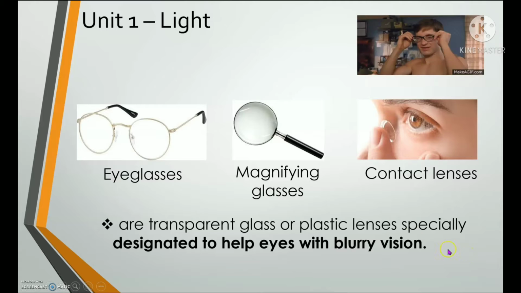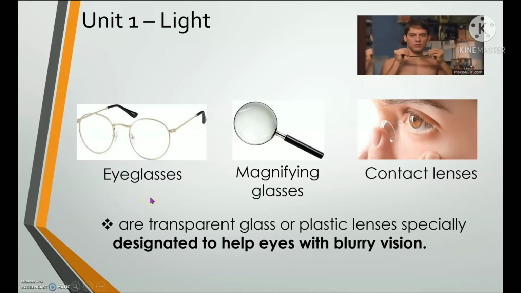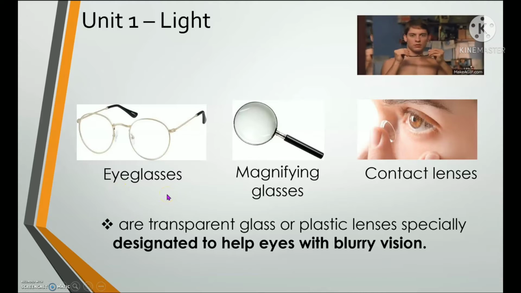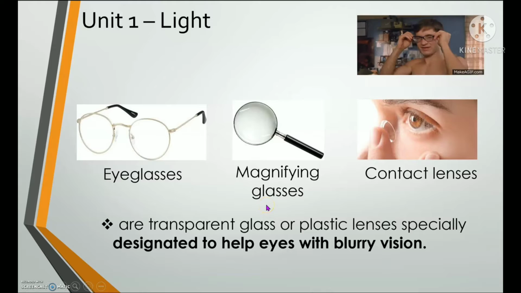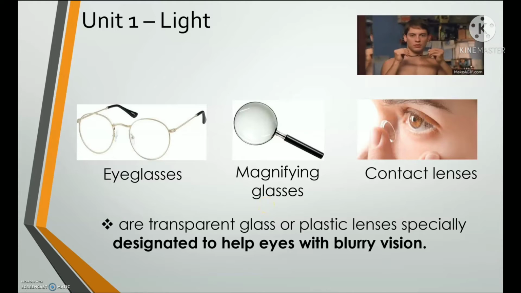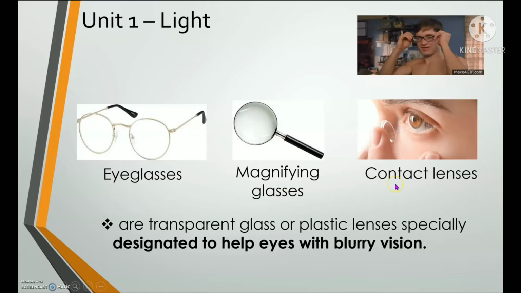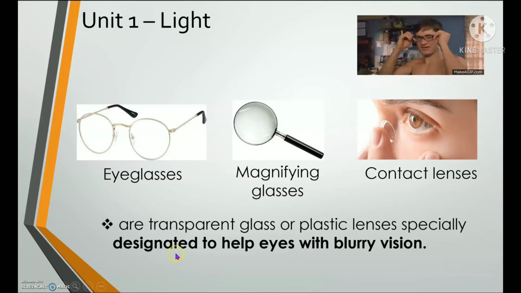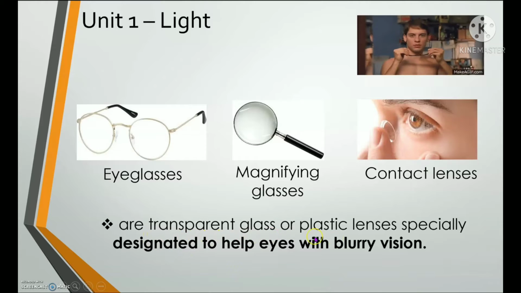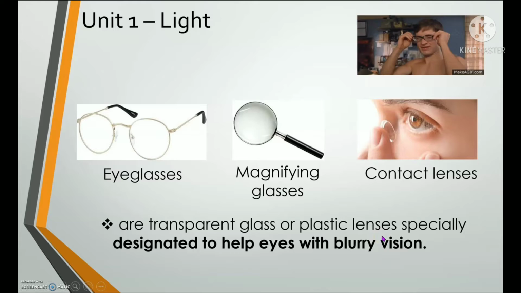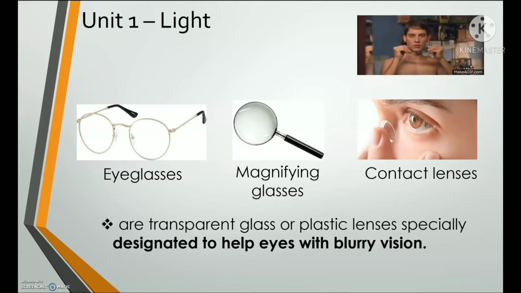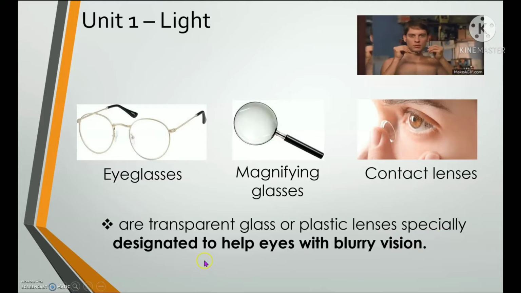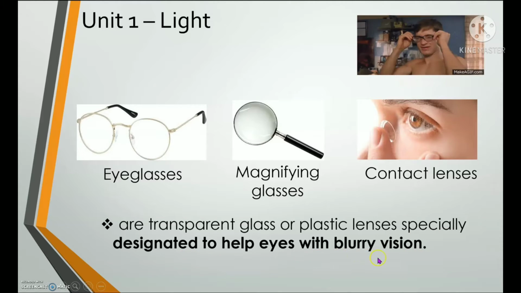Okay, before we explain this, let's read the paragraph first. Repeat after me. Eyeglasses. Magnifying glasses. Contact lenses are transparent glass or plastic lenses specially designated to help eyes with blurry vision.